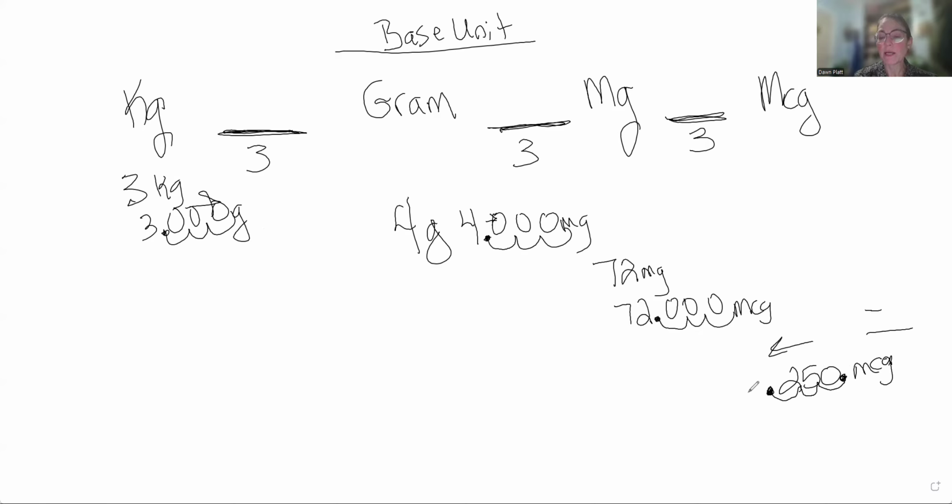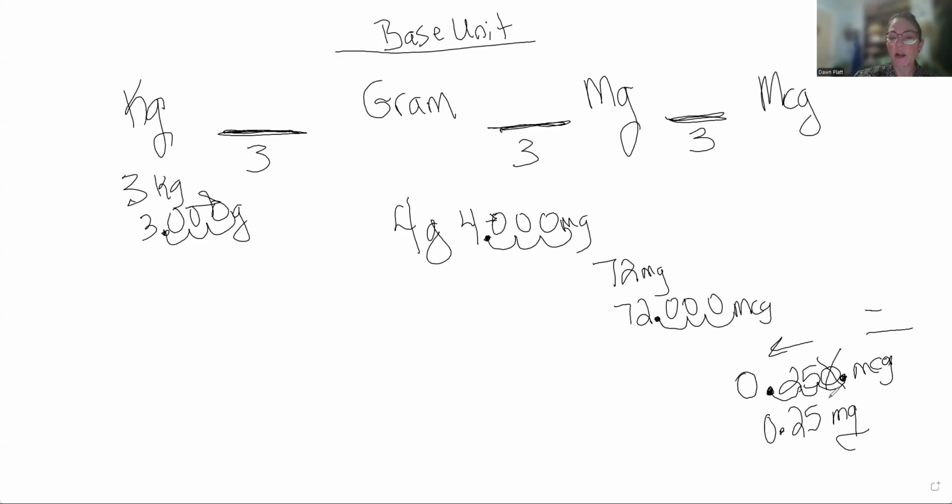But what do I have to do with that decimal? I have to put a preceding 0. So it's 0.25, but we don't add the trailing 0, because that trailing 0 does nothing except confuse people and could cause a dosage miscalculation. So 250 micrograms is 0.25 milligrams.